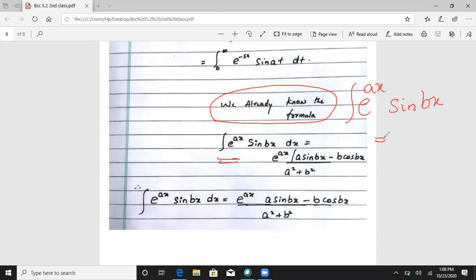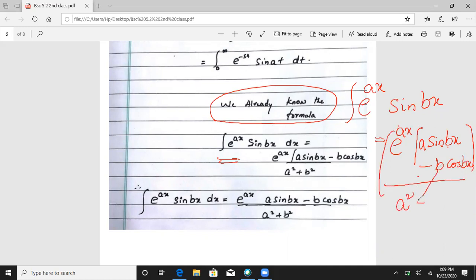I hope you guys remember this one. It is equal to e to the power ax into the first function a sin bx minus the second function b into cos bx, the whole divided by a square first function plus b square second function.